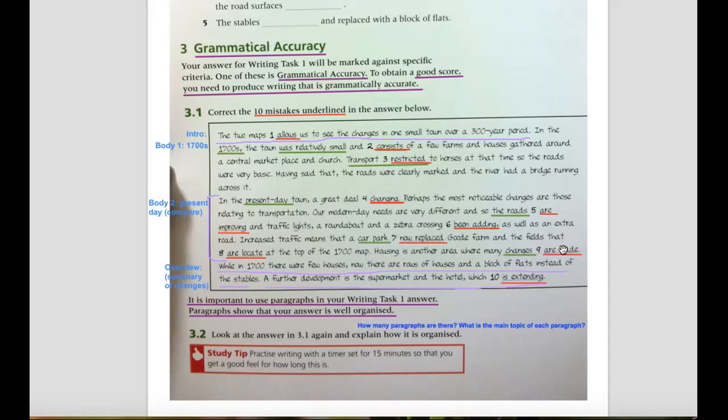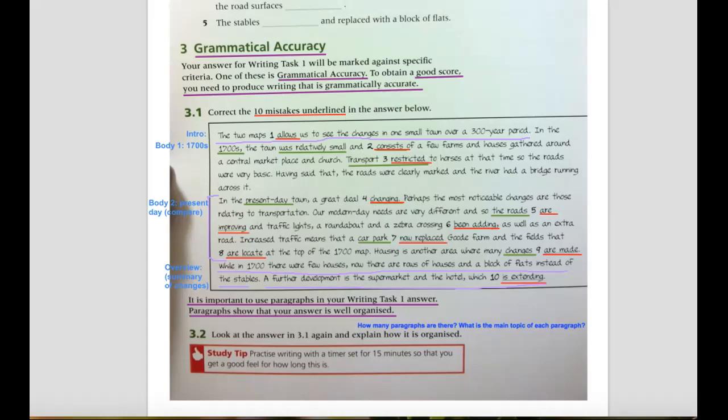They speak about the housing and the changes that have happened with that. Okay. So this is what we want to do. First, talk about the first map, talk about the changes that are happening, and then give a brief summary of the main changes that you can see.